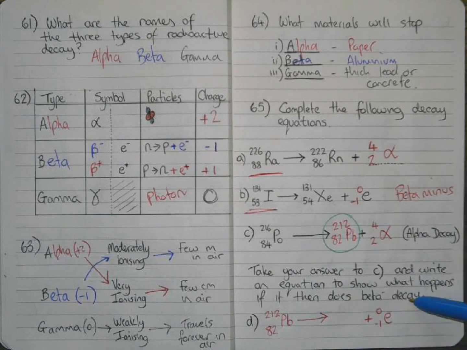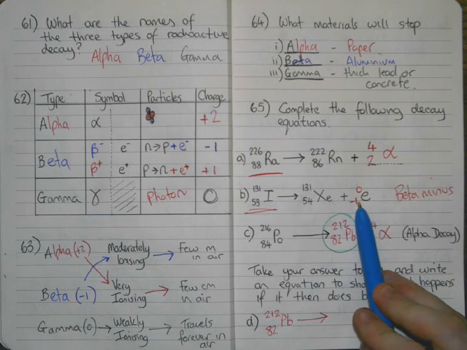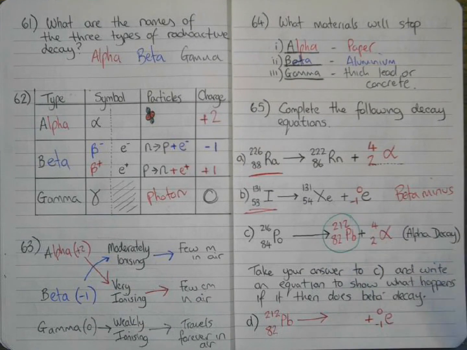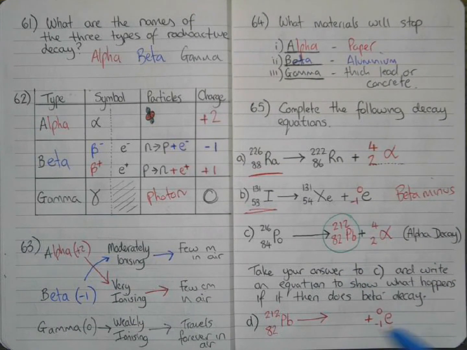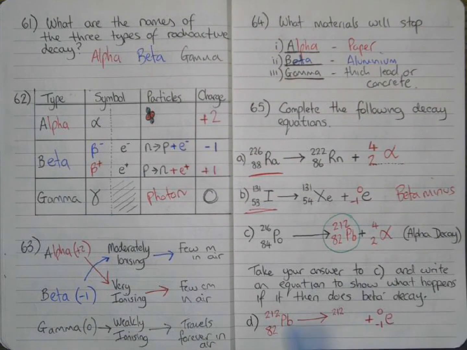So because it said that it's going to do beta minus decay, the beta minus symbol is always 0, minus 1. So I've just added that in straight away and then thought, okay, what does the number have to be here to make the top row correct? And because it's 0 there, it means that my first number is the same. 212 and 0 gives 212.